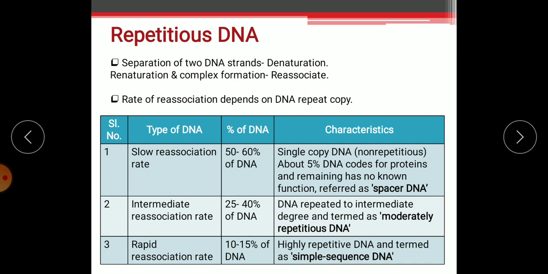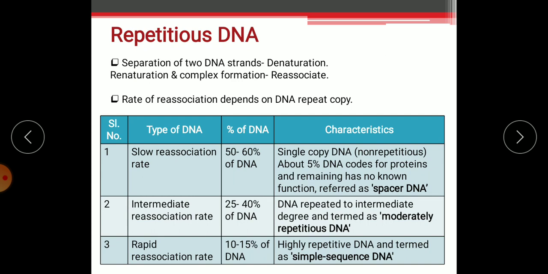So on the basis of that, the types of DNA can be classified into mainly three types on the basis of their reassociation rate, and there are some characteristics of these types of DNA which we will now discuss.